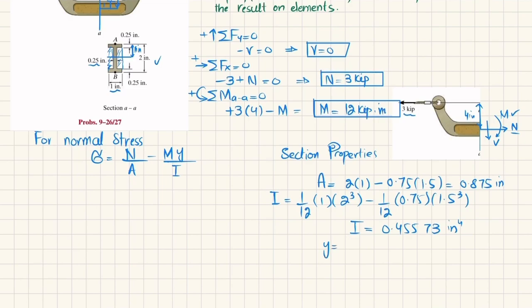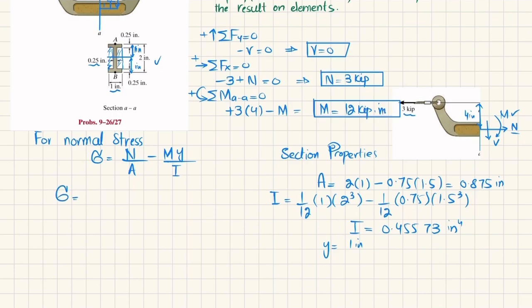So y is the distance from the neutral axis to point B, and that is 1. Clear? This is 1 inch. So y is 1 inch. We haven't taken minus y because we already assume that below is the compression. So this is normal stress.